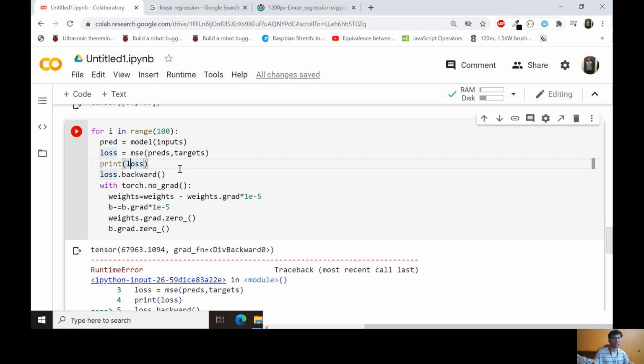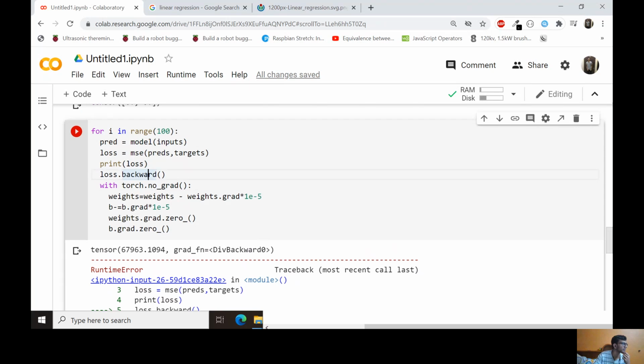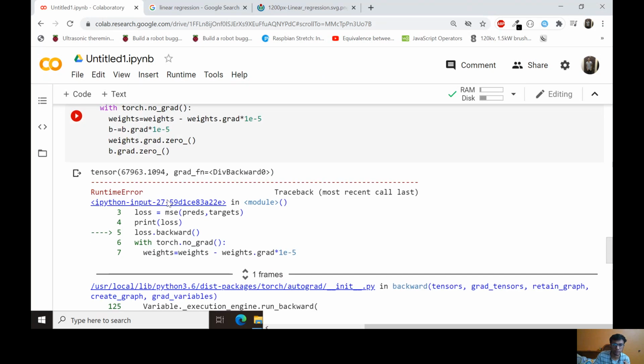Just a minute, I think I messed up somewhere. Trying to backward through the graph a second time, but the saved intermediate values have already been freed. Specify retain graph true while calling backward. Okay, I think I've got the problem. It has stored the value of our initial graph.